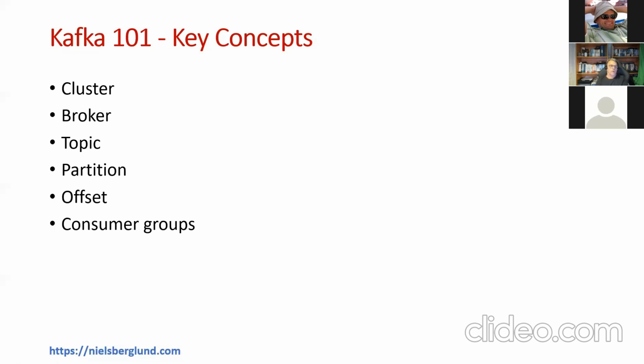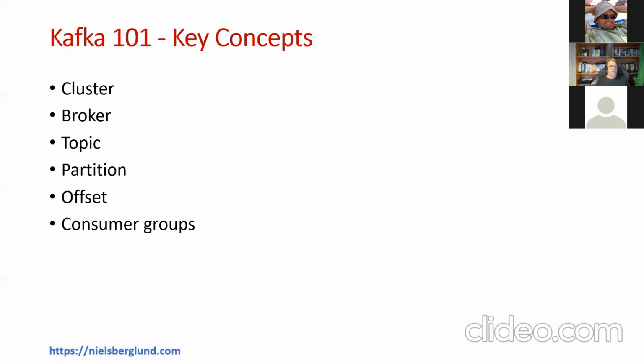Right? So in Kafka, we are always talking about the Kafka cluster, and we're talking about the Kafka broker. The cluster can quite easily consist of just one broker. That's not a problem. It is still a cluster, even if you have just one box being the broker.